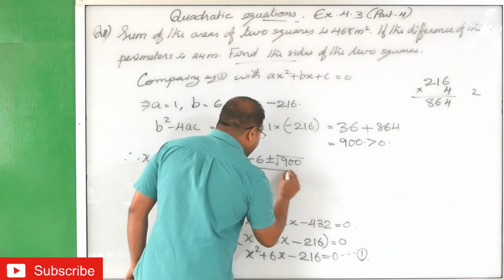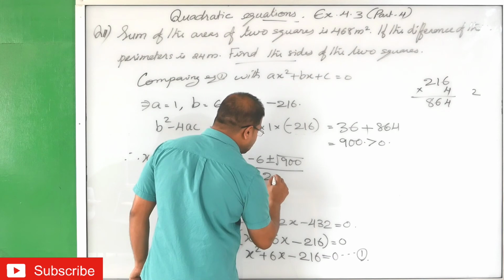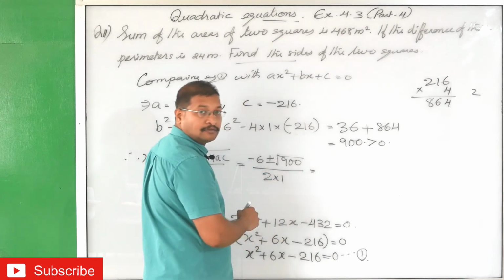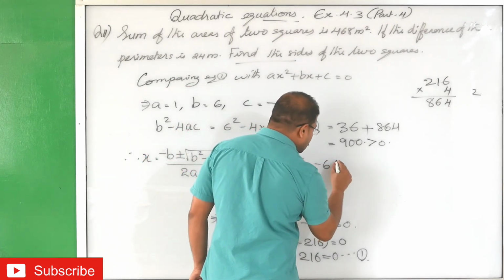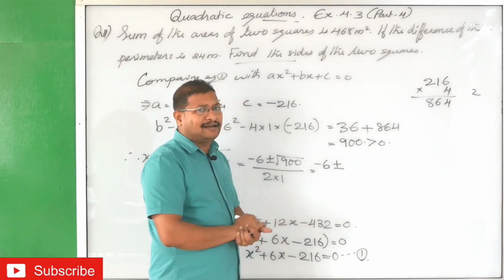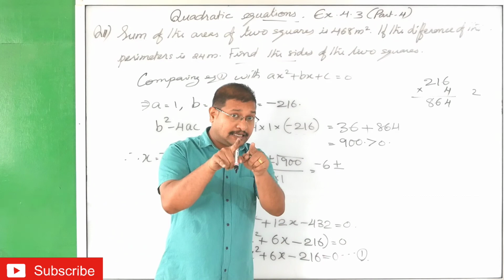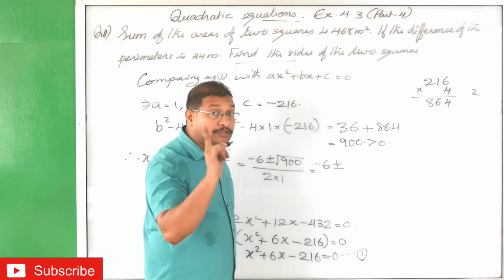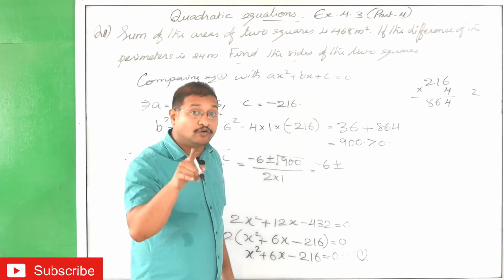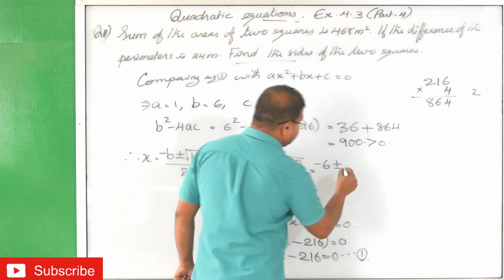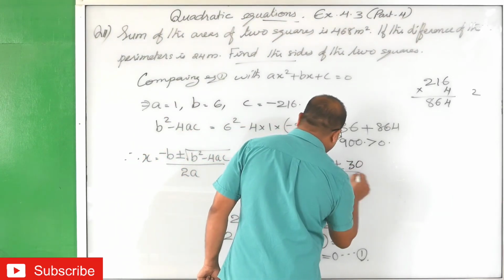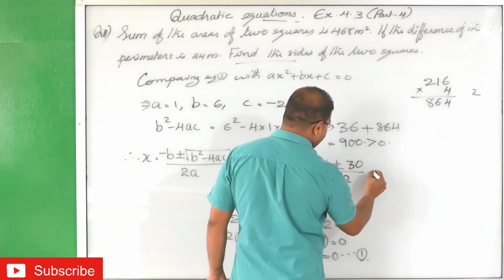So, divided by 2 into a, which is 1, equals minus 6 plus or minus root 900. Square root of 900 is 30 because 30 into 30 is 900. Divided by 2 ones are 2.